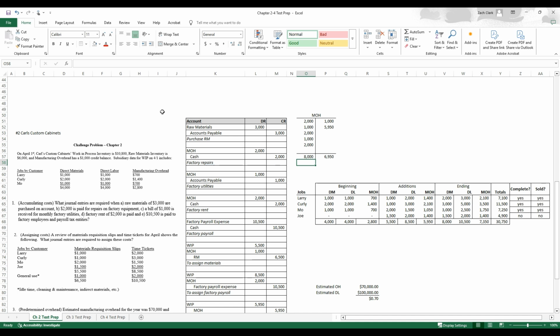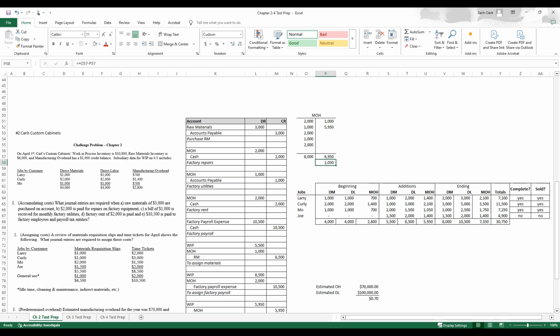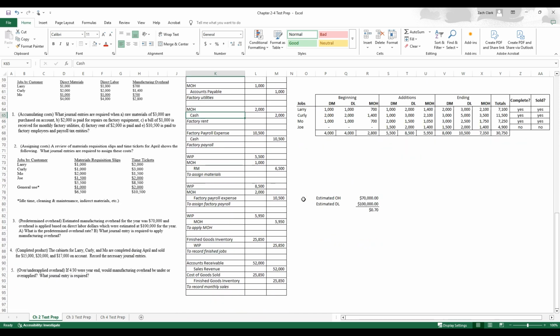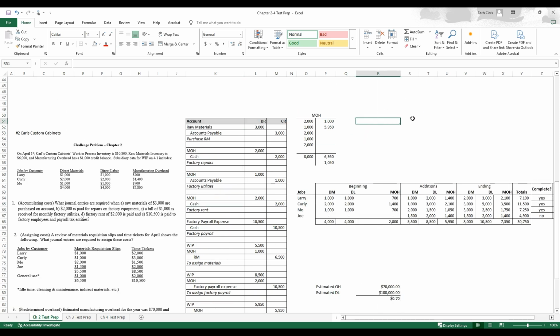And so we are under applied, and the journal entry that we need to balance this out is going to include a credit to overhead of 1,050.